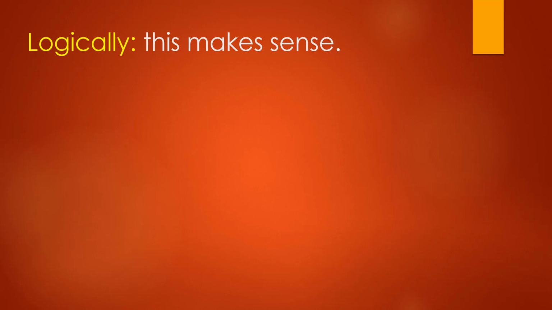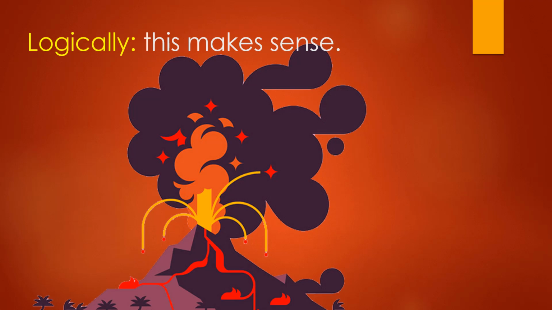So logically, this makes sense. Let's think about this for a second. If the volcano is measured with an energy output of 3.7 zettajoules, then one grenade is 1.3 megajoules. Okay, so volcano versus grenade.